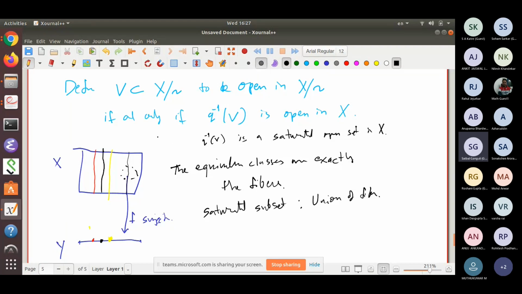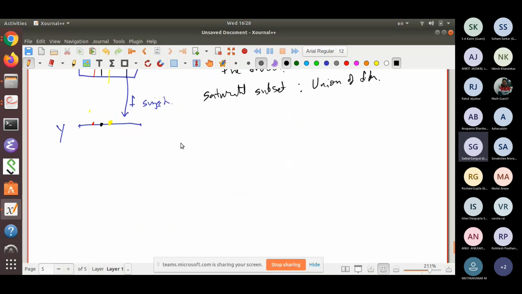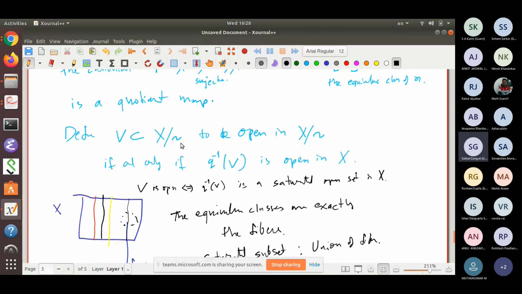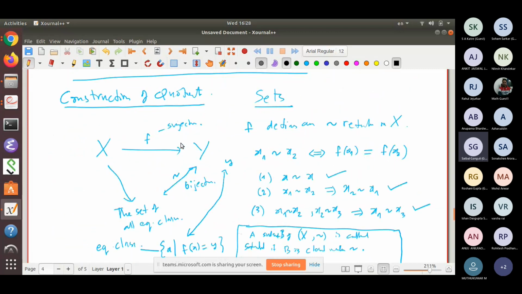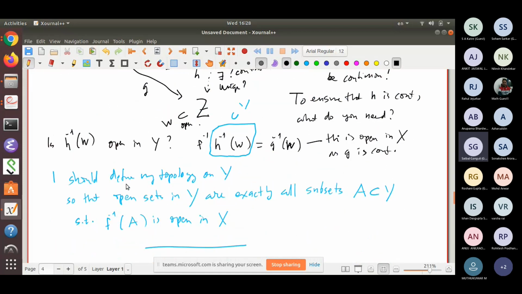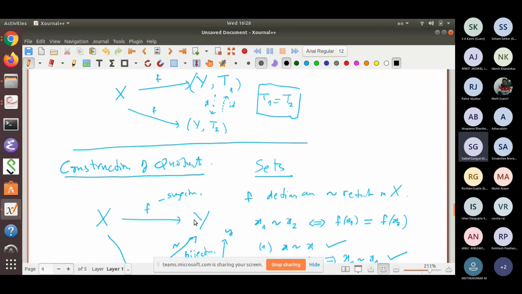So is it clear? Because we said already what makes a map in topology a quotient map, we have to define the topology such that the open sets in Y are exactly all the subsets whose inverse image is open. So this is what we are doing here.